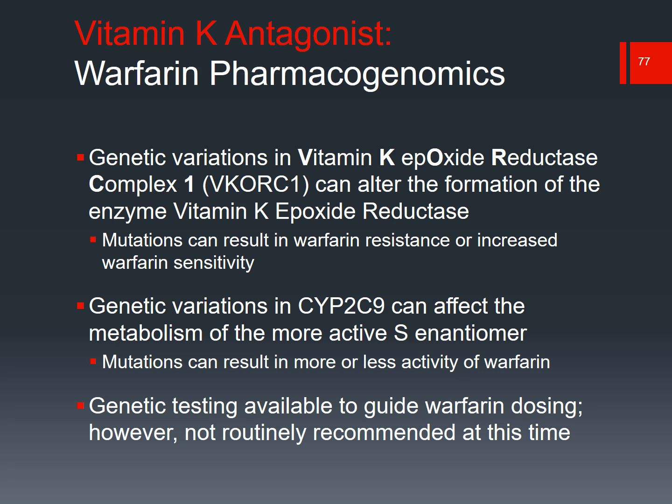This enzyme is used to convert vitamin K into its reduced active form, in which case any mutations can lead to variations in warfarin effectiveness. So this can lead to warfarin resistance or warfarin sensitivity.